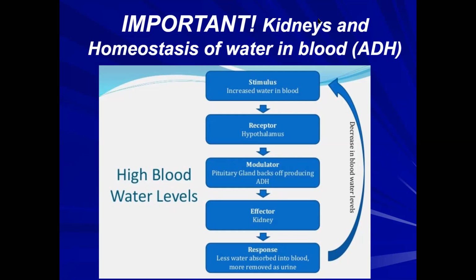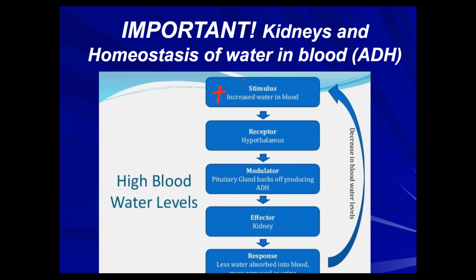So the basic homeostasis for the kidneys and ADH is that if we increase the amount of water in the blood, so this would be a positive stimulus, the part of the brain called the hypothalamus would be triggered to receive that stimulus. The pituitary gland would be our effector gland, and basically they would reduce, so I have a little down arrow here, the amount of antidiuretic hormone.